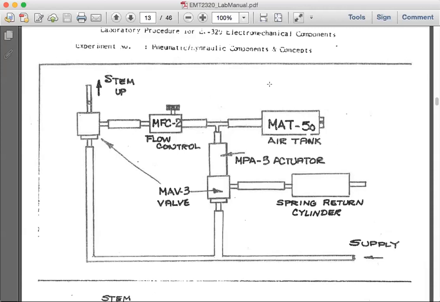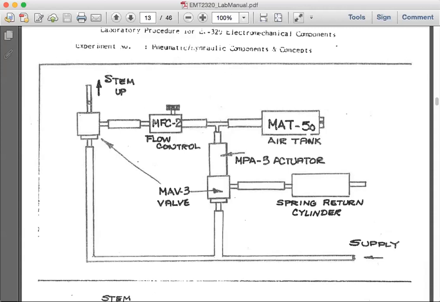So what's the purpose after we analyzed the system? What's the purpose of the flow control in this case? What does it actually do? And what does it do in conjunction or cooperating with the tank?